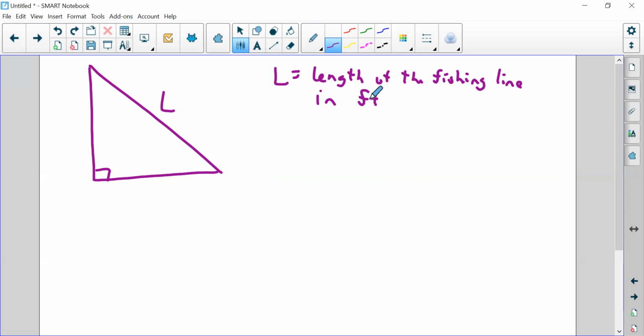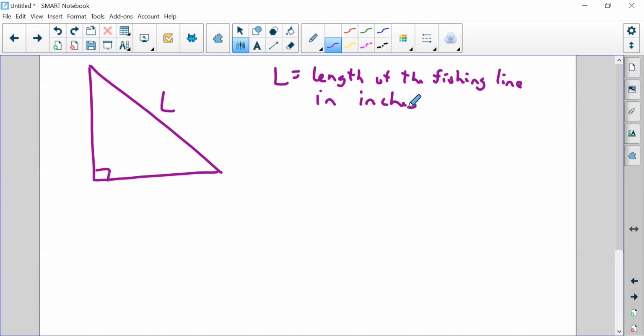It might be easier for you to convert one dimension into inches than the rate into feet. Sorry, it'll be easier for y'all. We'll do inches. That'll be easier for you to convert. So we're looking at the length of the fishing line in inches.